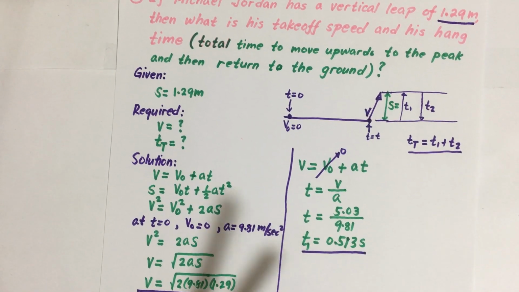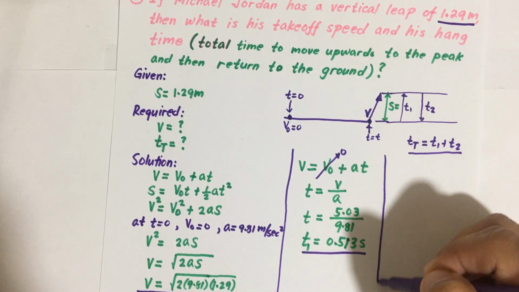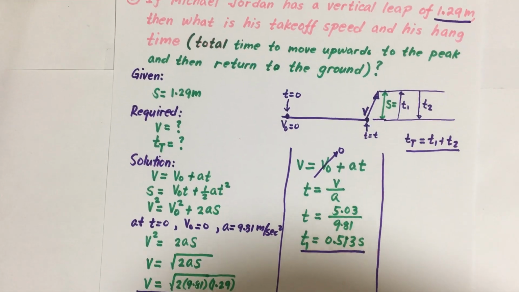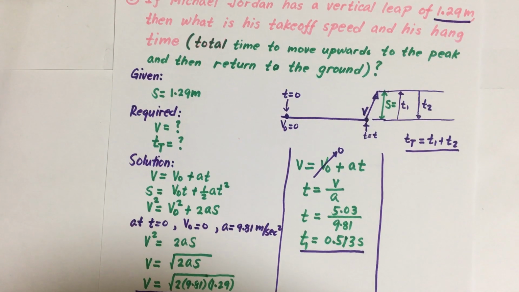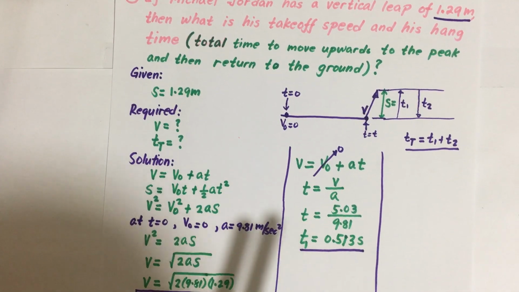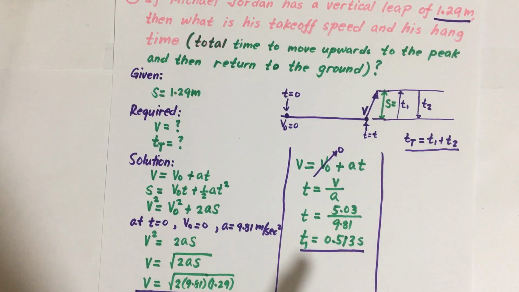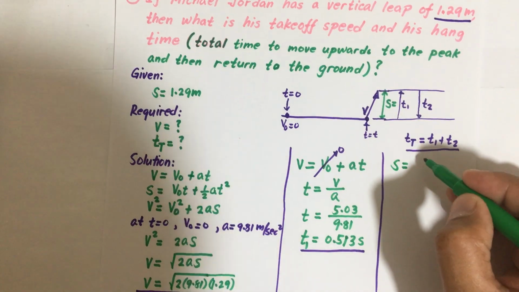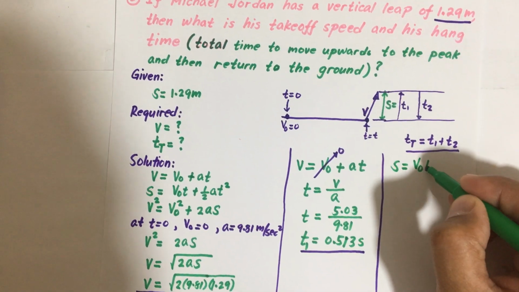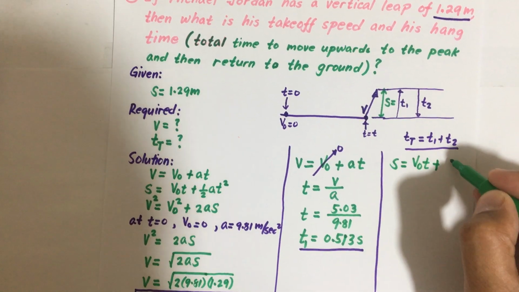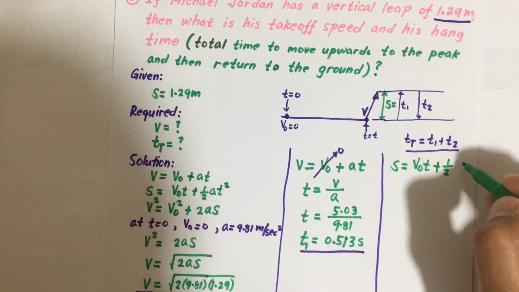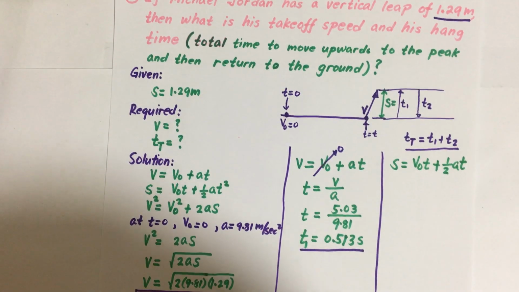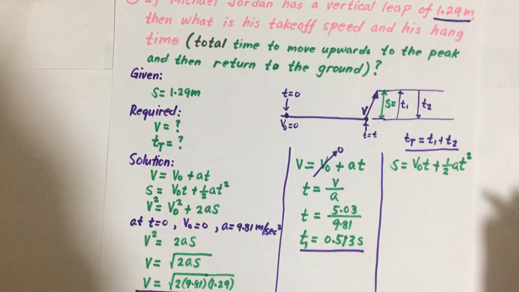And now for the going down. When he reaches the top and then goes down, we can also use this formula. We have S equal to V0, the initial velocity, times time, plus 1/2 times the acceleration times the time squared.